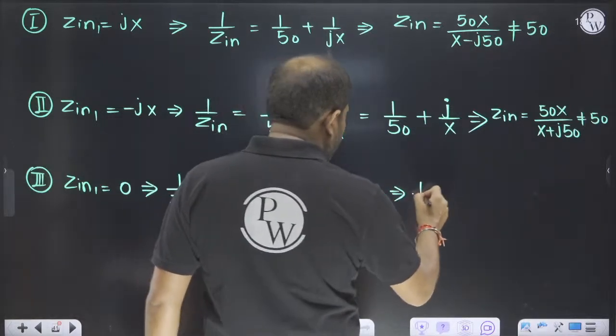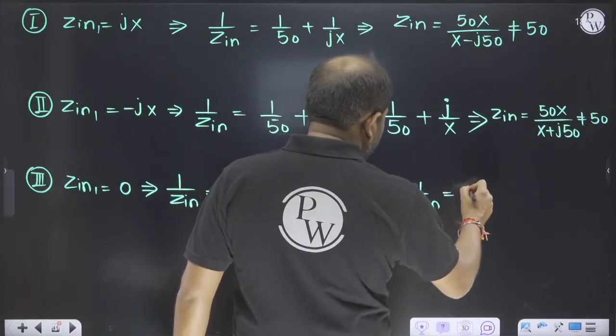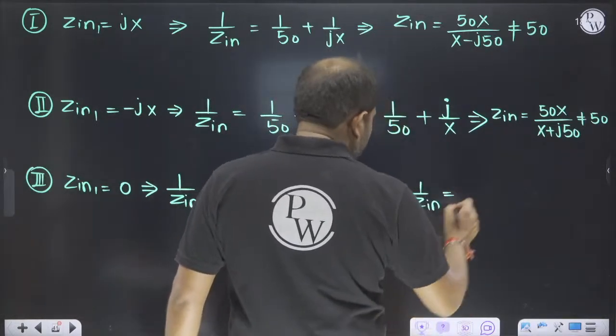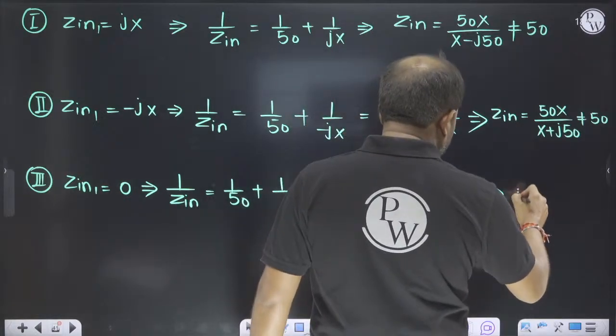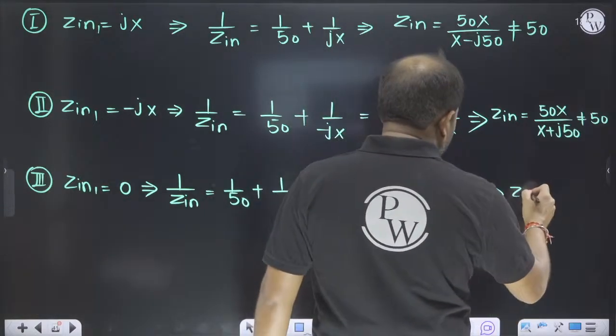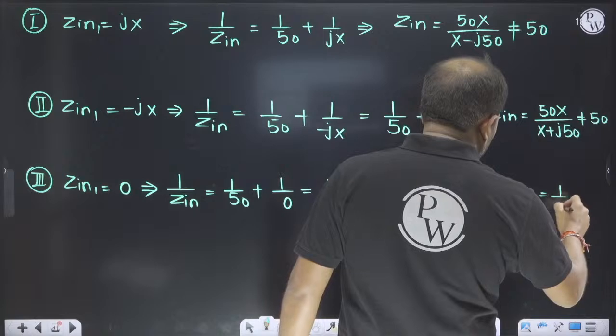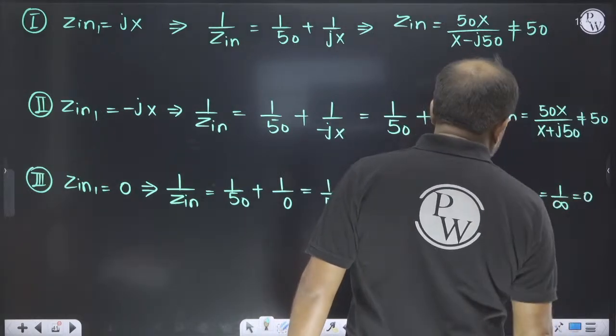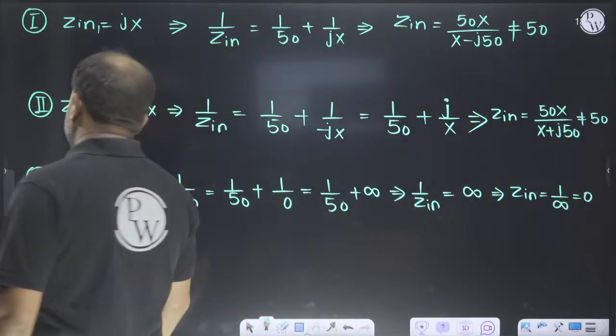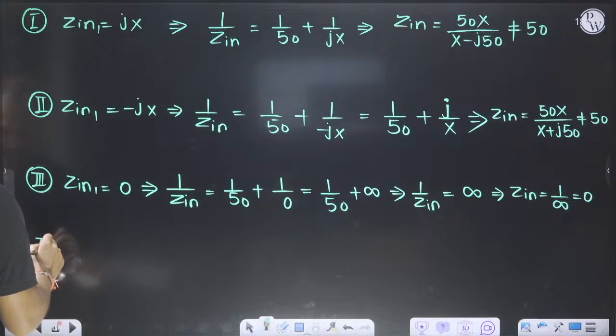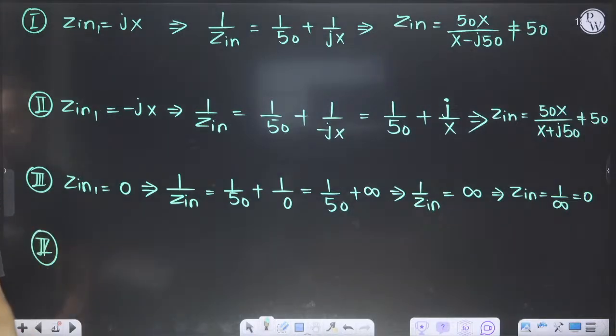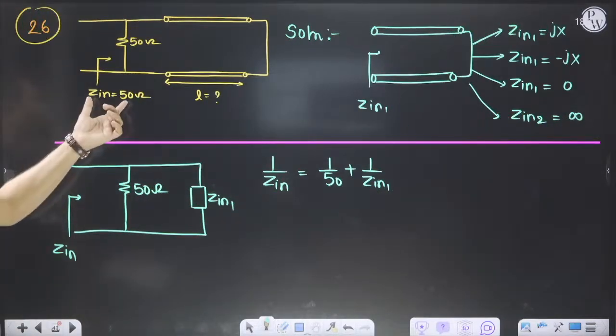So 1 by Zin is equal to infinite, so Zin is equal to 1 by infinite, which is 0. So it is not equal to 50 ohm. So the third condition is also wrong, because we have to take Zin should be 50 ohm.